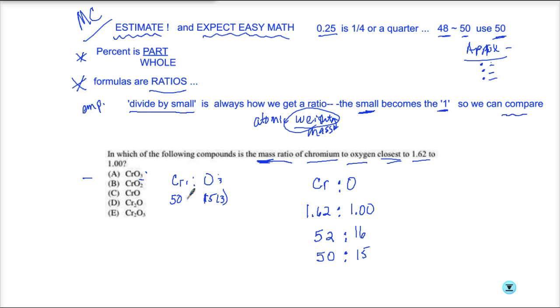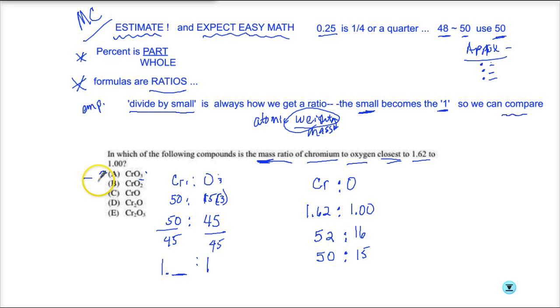That's a 15. So this is going to look like a mass ratio, or the masses, at 45, because 15 times 3 is 45. So if I need the ratio, which I do, divide by the smallest, 45. Got to do both. This is 1. The smallest becomes 1. This is 1 something. I don't need to figure that out now. I just need to know it's 1 something, so this is in the ballpark.